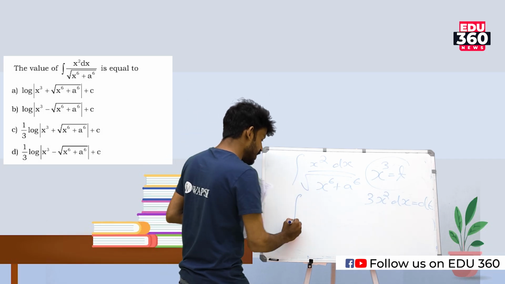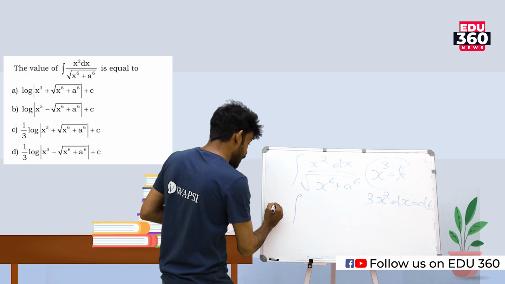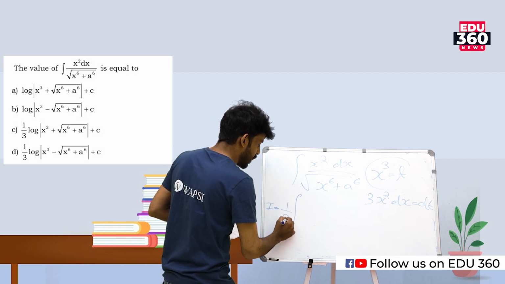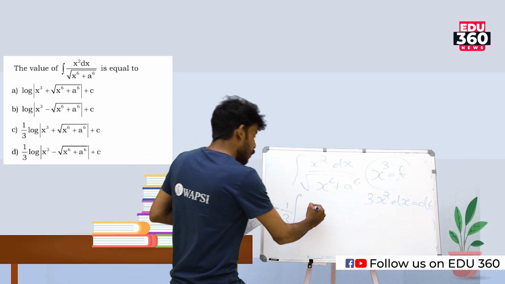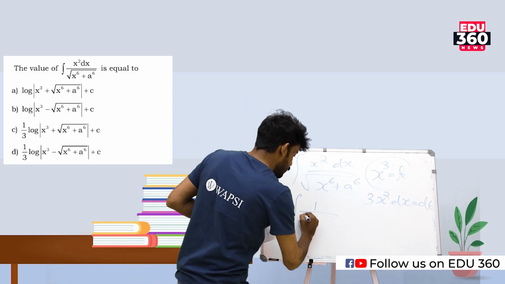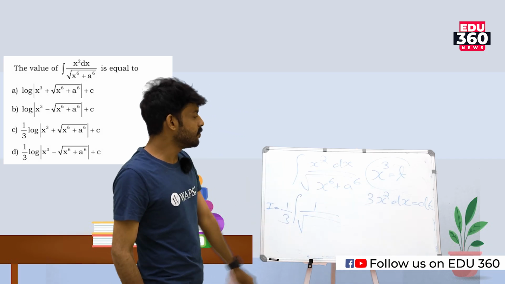Okay, that is integral I is equal to, in order to balance this, we can add 1 by 3. So 1 by 3 into 1 divided by x square, and we already know that x cube is equal to t.